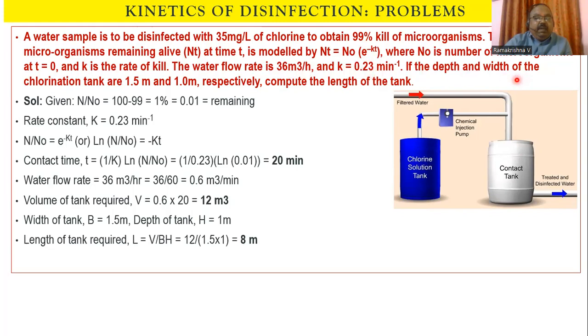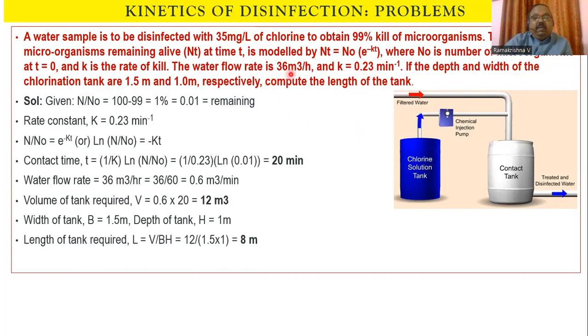If the depth and width of the chlorination tank are 1.5 meters and 1 meter, compute the length of the tank. Here, what we have to find out, the first step, for 99% kill of microorganisms and a rate constant of 0.23, we should find out what should be the contact time.